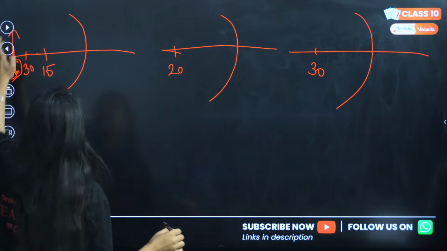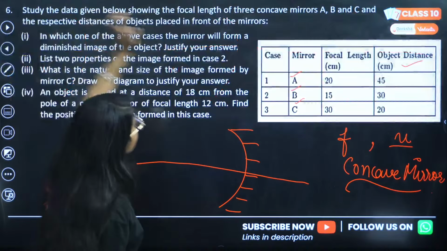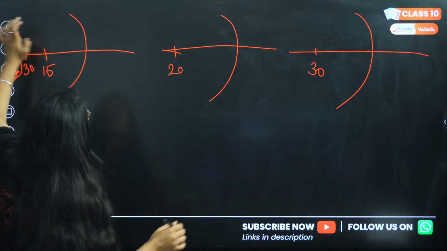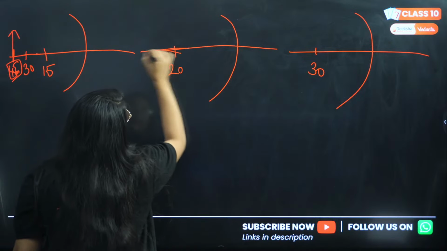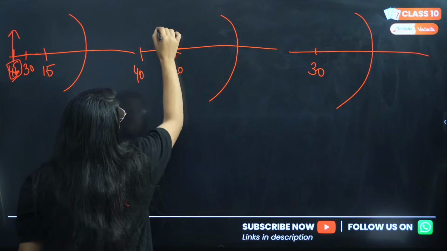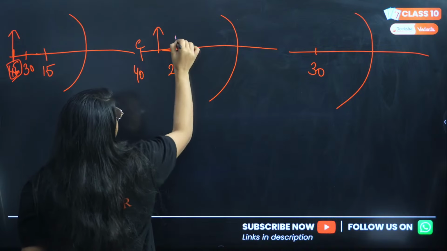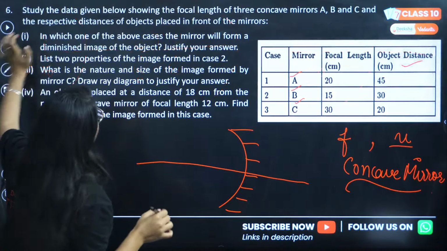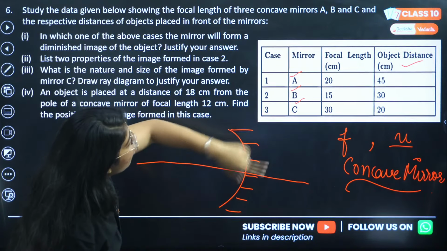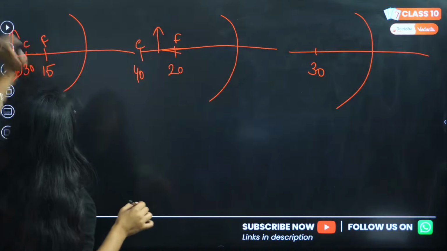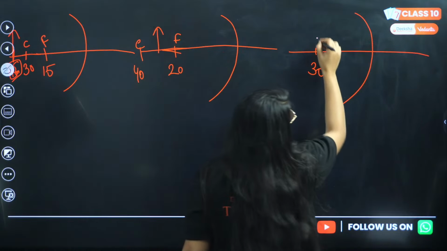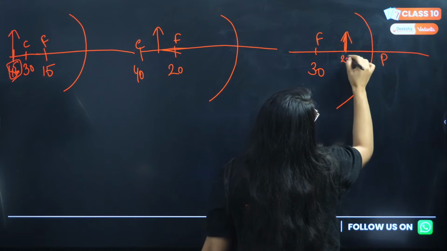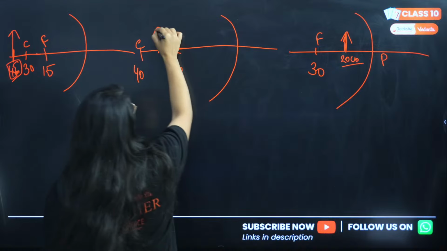In the second case the object distance is 30 centimeter, so the radius of curvature will be 40, and my object will be between C and F. In the third case the object distance is 20, so it's between focus and pole. The object will be somewhere here, 20 centimeter. This is my object.